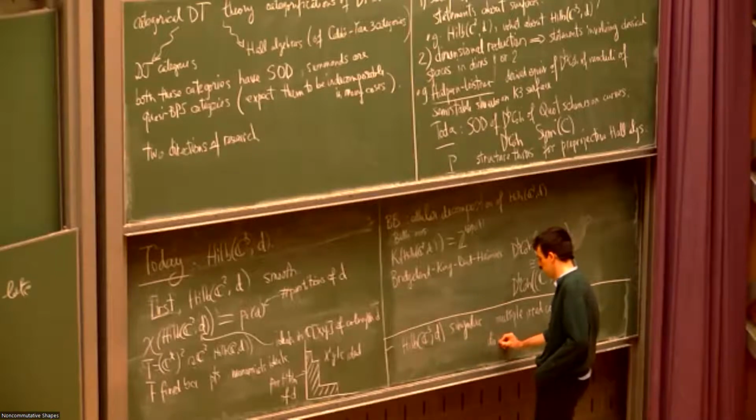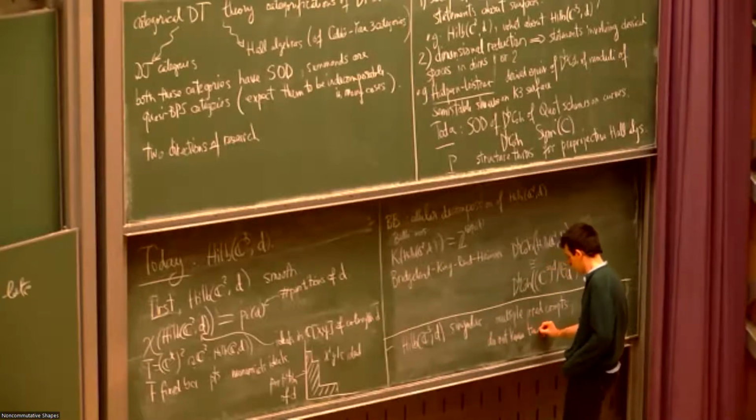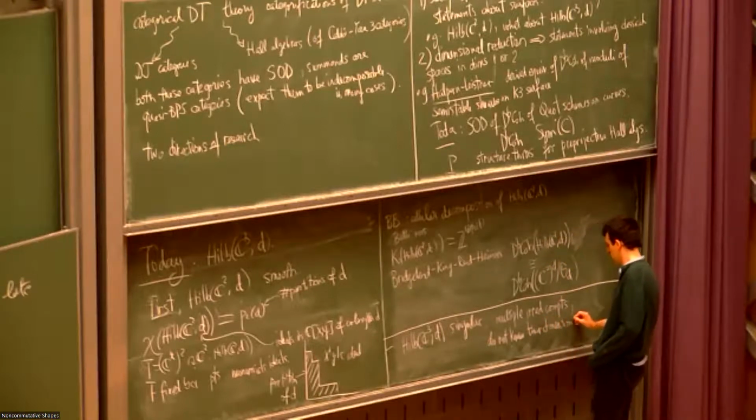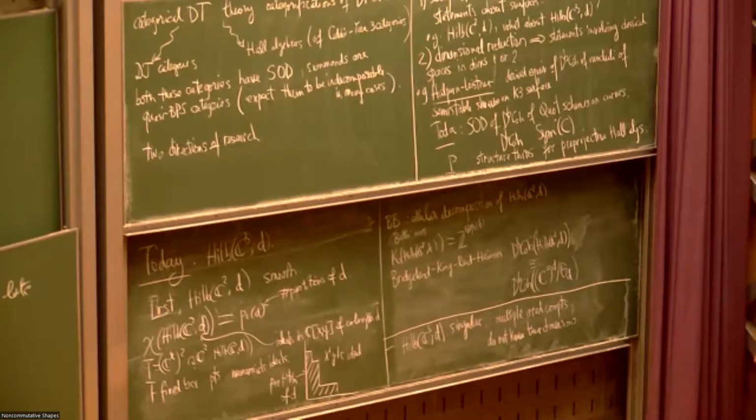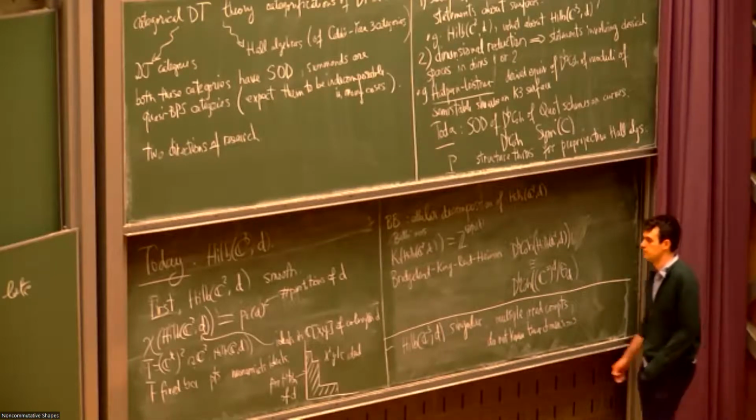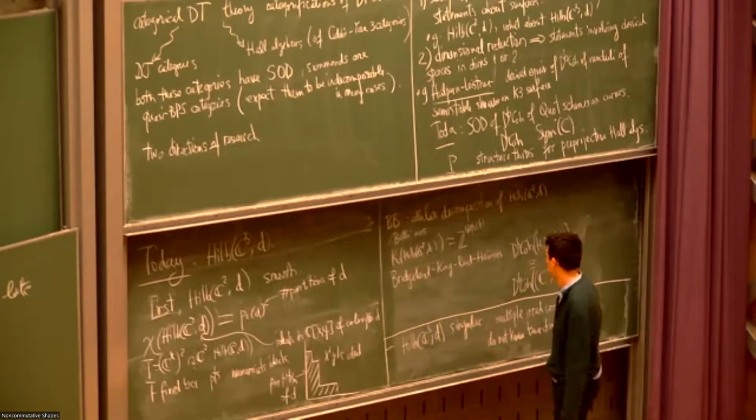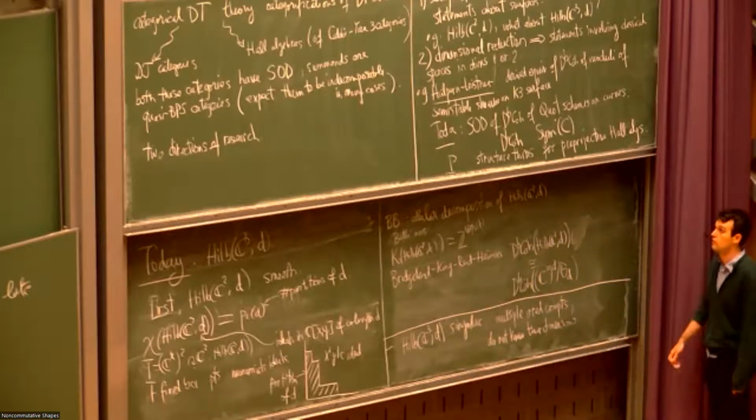We do not know their dimensions. So in particular, it is very hard to find the Betti numbers. And also, the Grothendieck group is not well behaved. Also, the category of coherent sheaves.